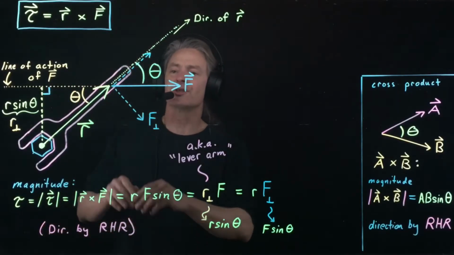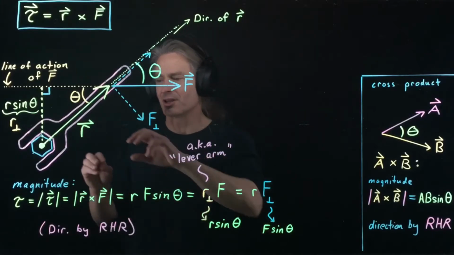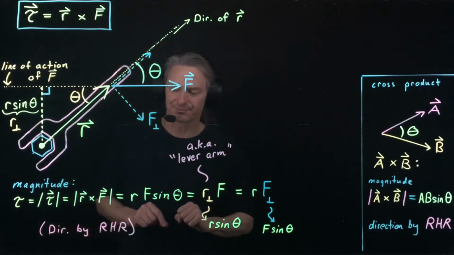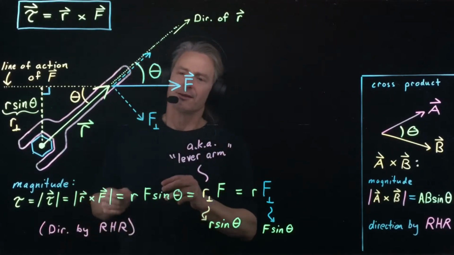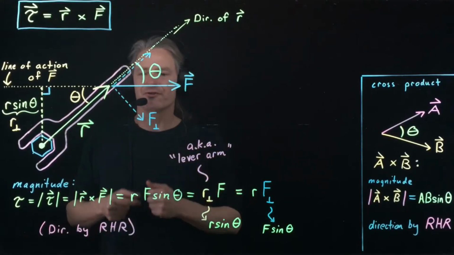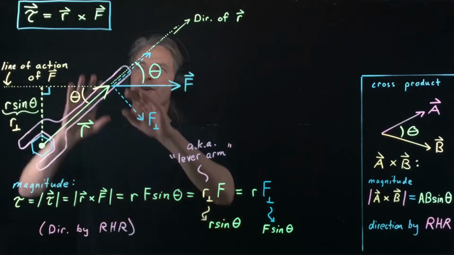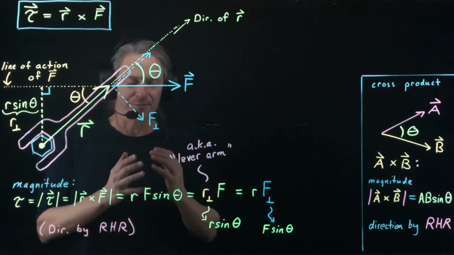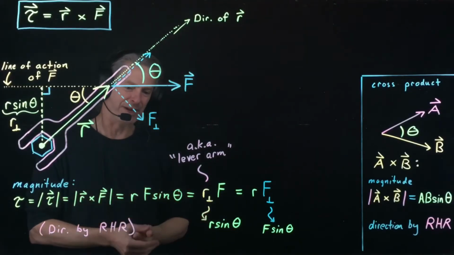That corresponds to our earlier discussion about grabbing the wrench further along the handle. Finally, the orientation of the force vector relative to the wrench handle, or now more mathematically precisely, relative to this R vector, matters because this angle matters.